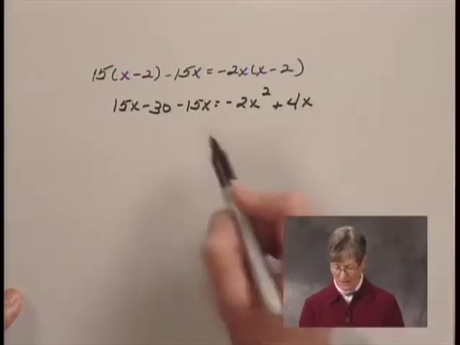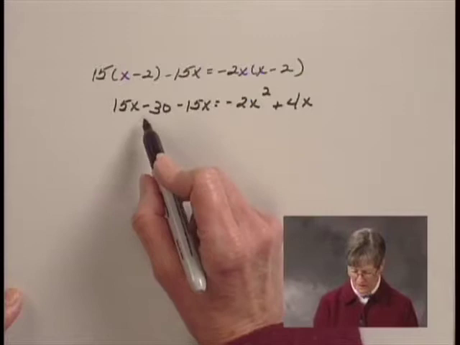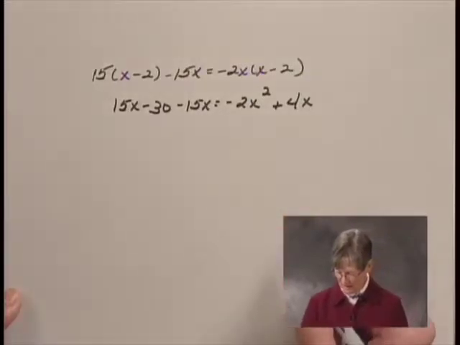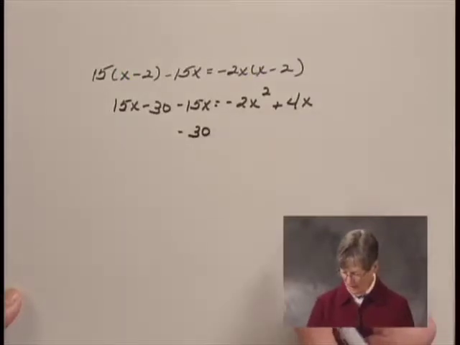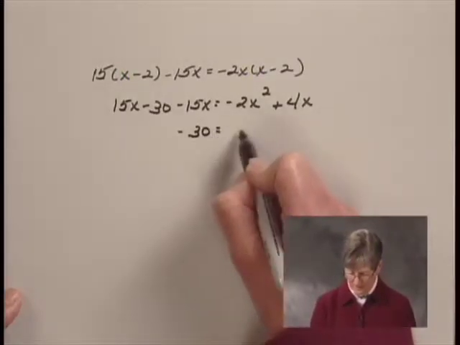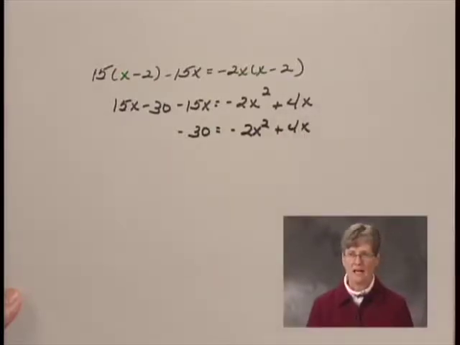Now, the next thing I'll do is to collect like terms on the left-hand side. 15x minus 15x is 0, so I just have negative 30 on the left-hand side. And on the right-hand side, I have negative 2x squared plus 4x.